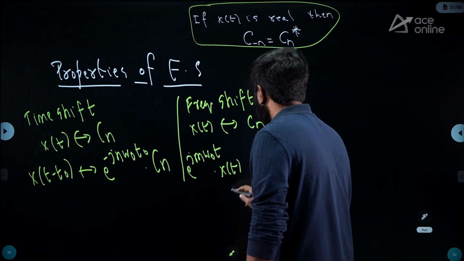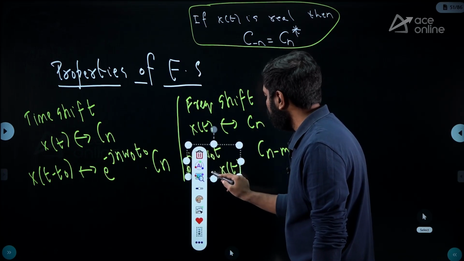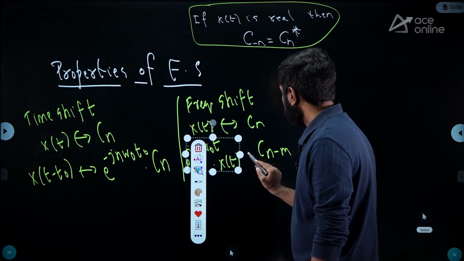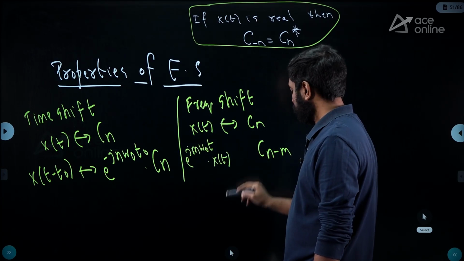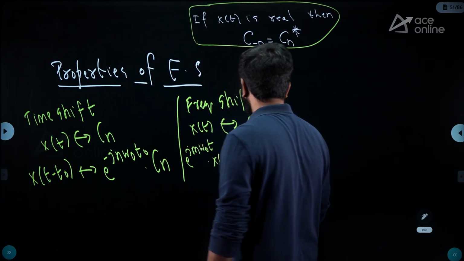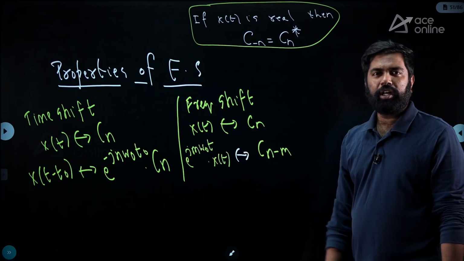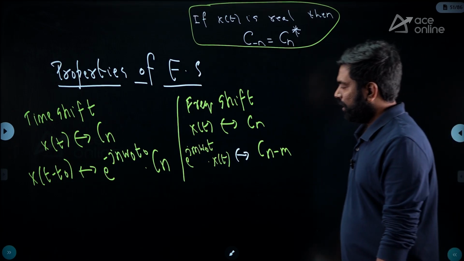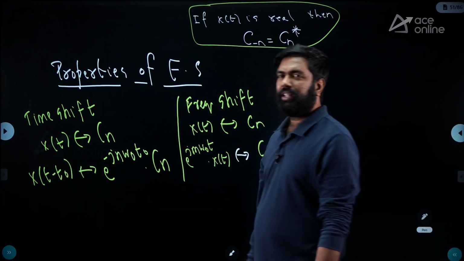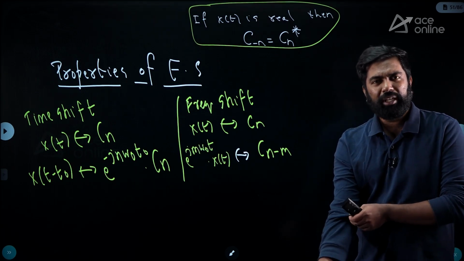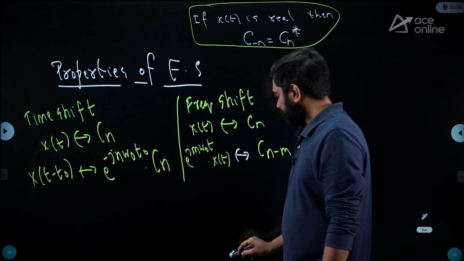So the Fourier series coefficient of e power j m omega naught t into x of t is C n minus m. So if there is a shift in the frequency domain, you will see an exponential term in the time domain. If there is a shift in the time domain, you will see an exponential term in the frequency domain. We have been highlighting this, giving you the taglines in the classroom.